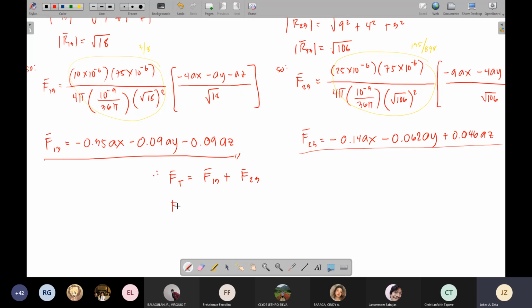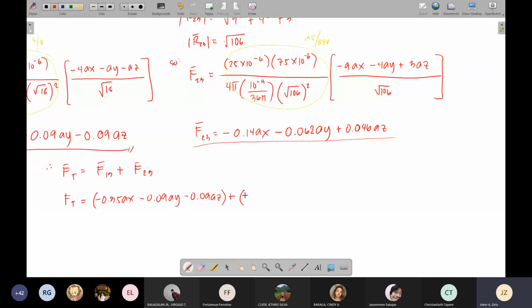That would be force total is equal to negative 0.35 AX minus 0.09 AY minus 0.09 AZ plus force 2, 3. So, negative 0.14 AX minus 0.062 AY plus 0.046 AZ.